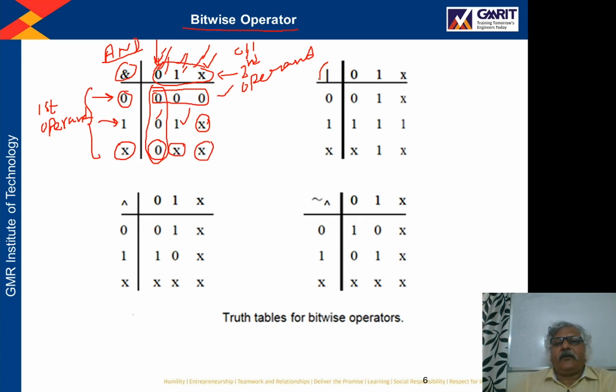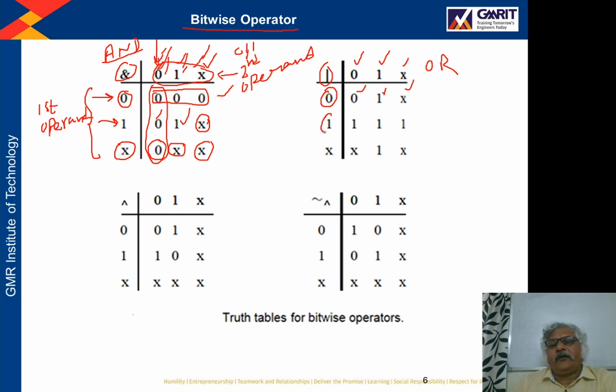In the same way, this vertical bar indicates the OR operation, right? In the OR operation, if one of the operands is 0, it depends upon the second operand. If its value is 0, you will get 0. If the second operand is 1, you will get 1. If the second operand is don't care, you will get don't care.